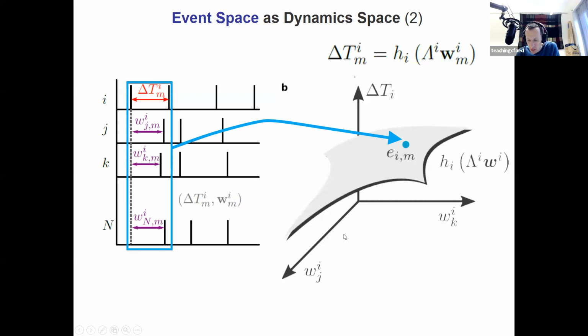Anyway, that's not important, but it's a function in this space depending on the wij's. And any of this collection of spikes, like these spikes, these two and these others, give you one point in the space. And the point, because it's a deterministic function by assumption, is lying on a smooth manifold, if that's a smooth function.